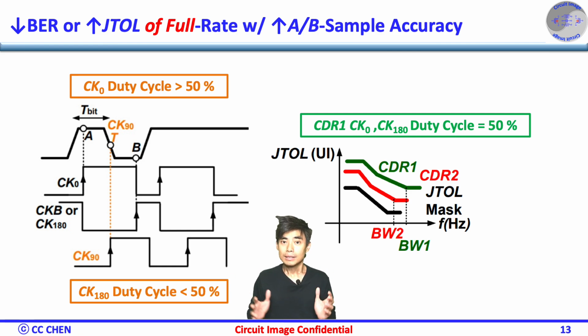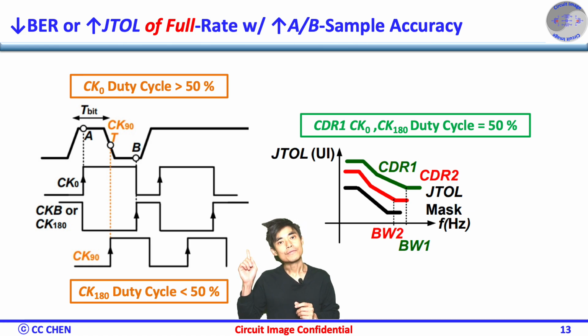Then, that means the duty cycle of the full-rate clock is perfectly 50%, and the clock period should be correct by the PLL loop. Therefore, you should not see the shifting data samples A and B. So, the bit error rate should be minimized, or the jitter tolerance J-tau is the maximum.